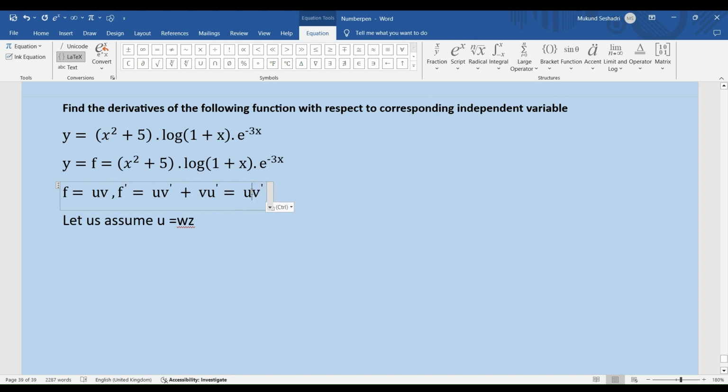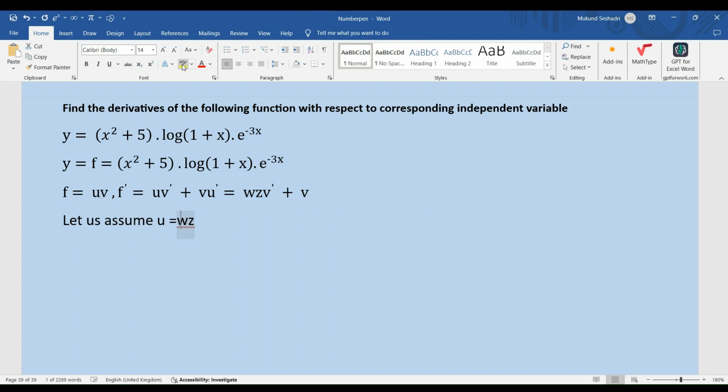My u is w into z, where u is again a product of two functions. And then I go to the next part of my f dashed, which is vu dashed, which is nothing but v remains as it is. And my u dashed, again I apply the product rule of differentiation, but this time to this particular term wz, right? I'm going to highlight that in yellow.